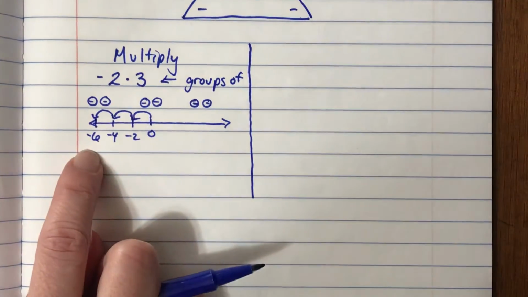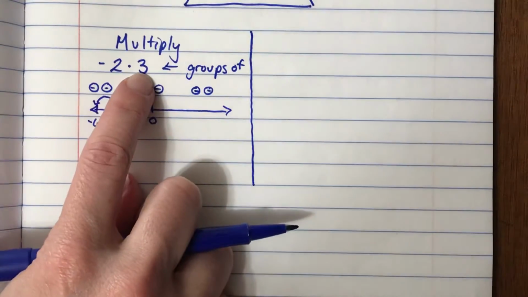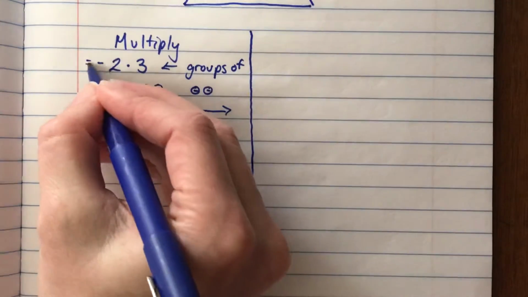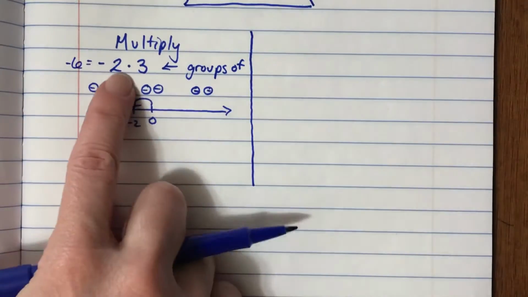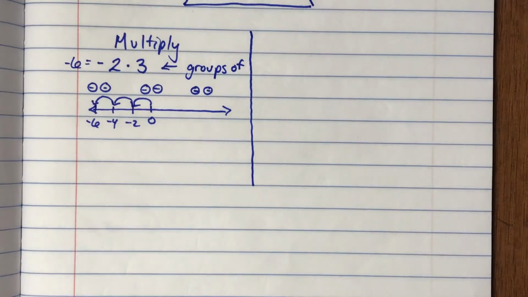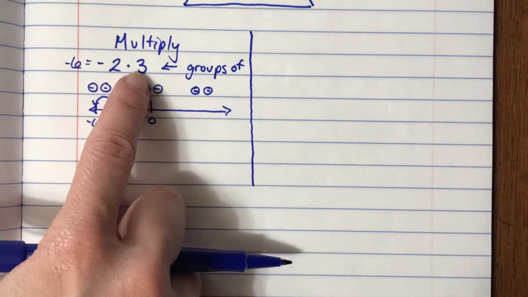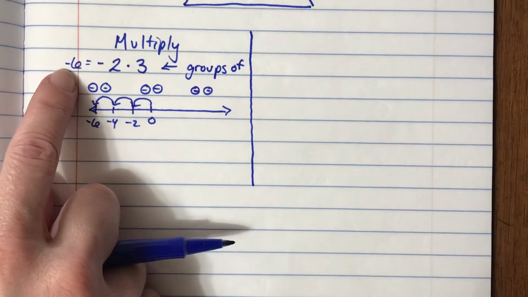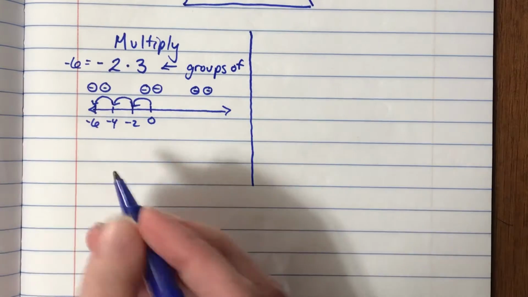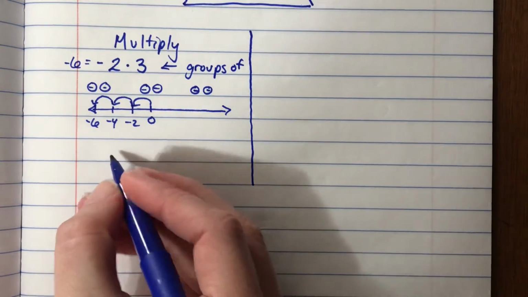And so again, the answer to -2 times 3 is going to equal -6. I'm just going to put that up here. So the answer to this problem would be -6. And so that helps us understand that when you multiply a negative times a positive number, your answer is going to be negative.